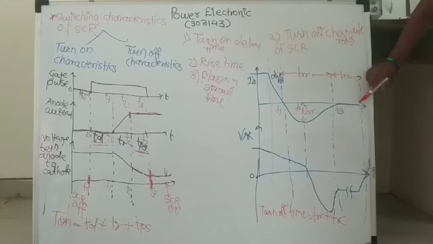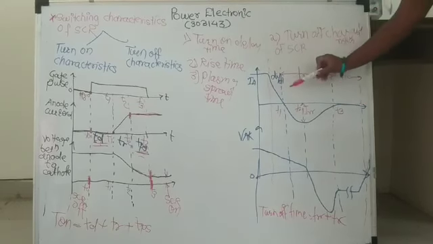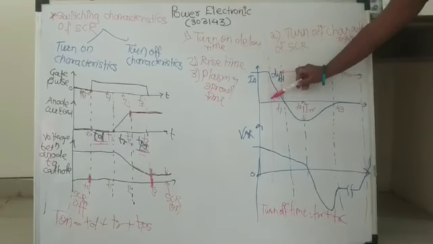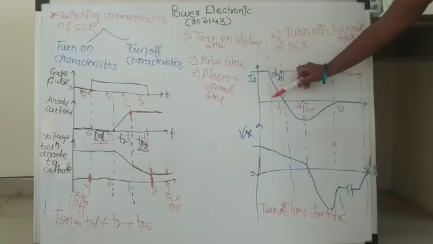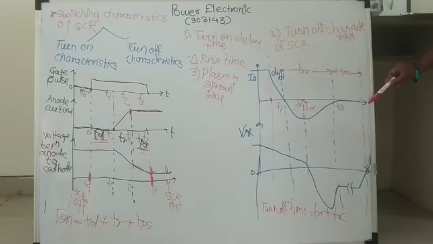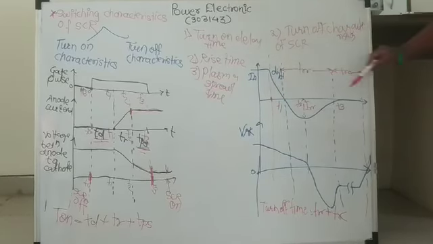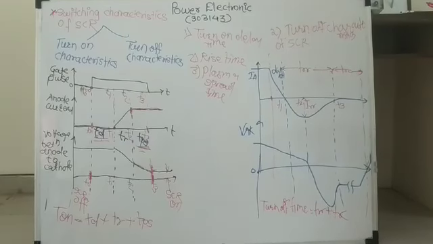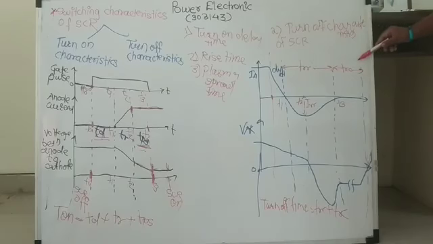Your actual turn off time is the time starting from when it goes into the off condition. Here it is totally on and here it is totally off. Between these, this is the time required to turn off the SCR, and this time is nothing but the addition of TRR plus TRC.